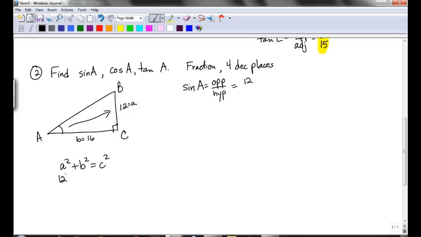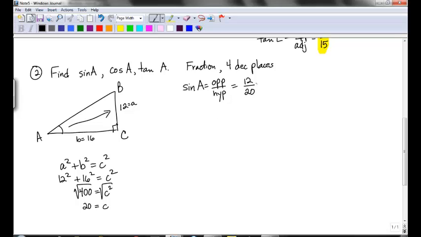Our a is 12 squared plus 16 squared equals c squared. Should be able to just punch that right in on the calculator. I get 400. And then square root, so you take the square root of both sides. Should be 20. So now we know that c is 20, the hypotenuse.